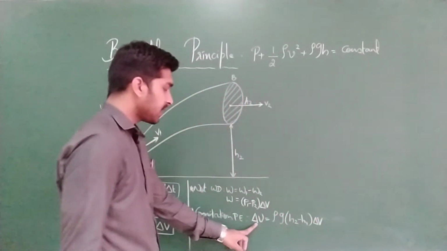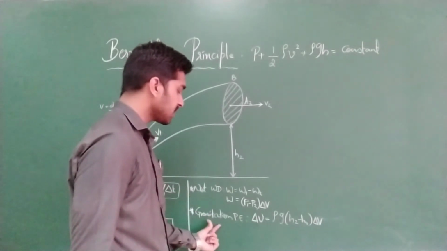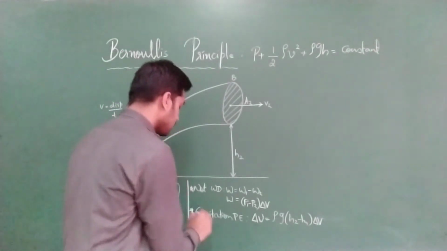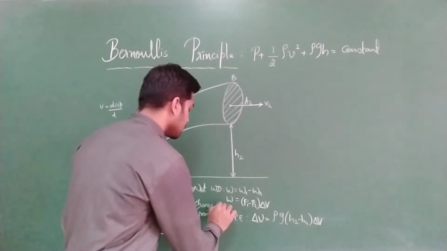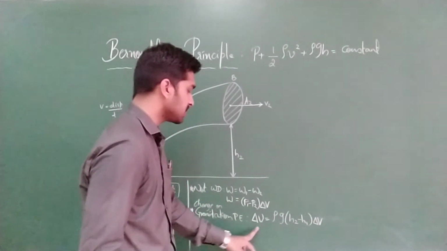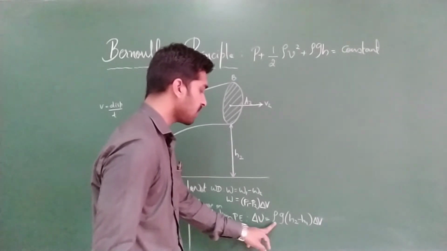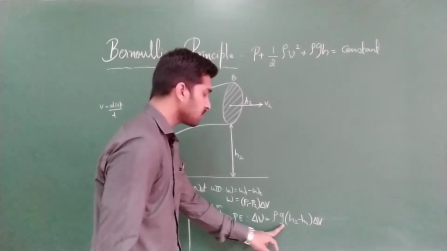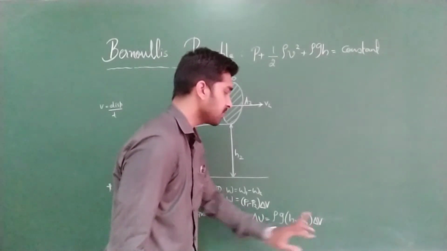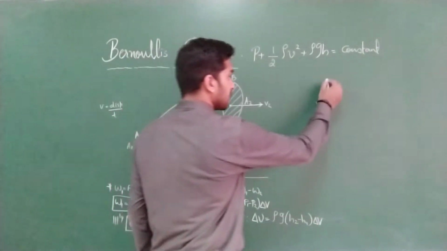Clear? Delta U is the change in gravitational potential energy. Change in gravitational potential energy, delta U, is equal to rho g H2 minus H1 into delta V. Clear?